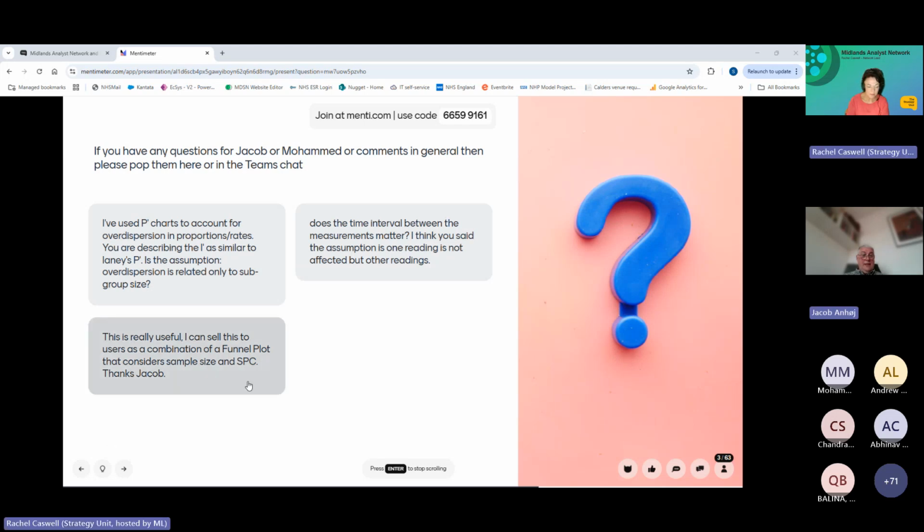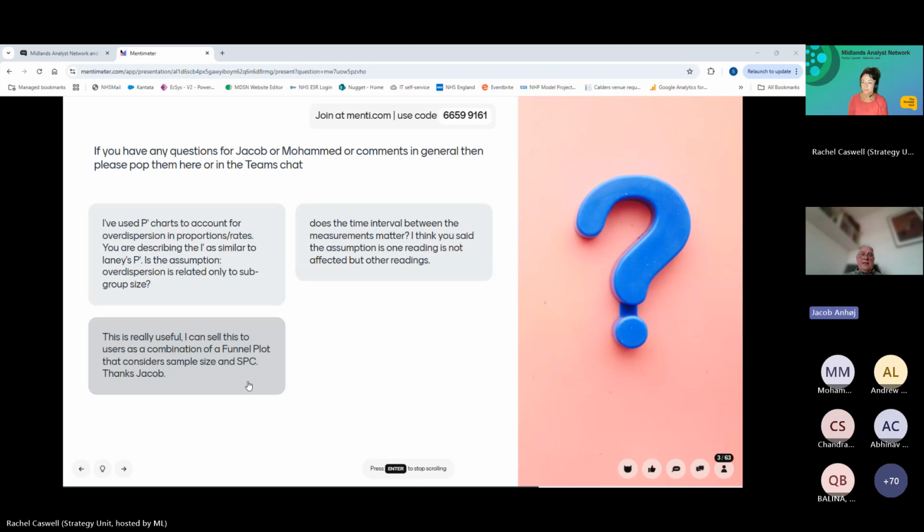Yes, and then you mentioned the funnel plot. Actually, using faceted control charts is a very good alternative to funnel plots. Maybe not all of you know what a funnel plot is, but those who do, you'll see a funnel plot is a control chart with a categorical x-axis.